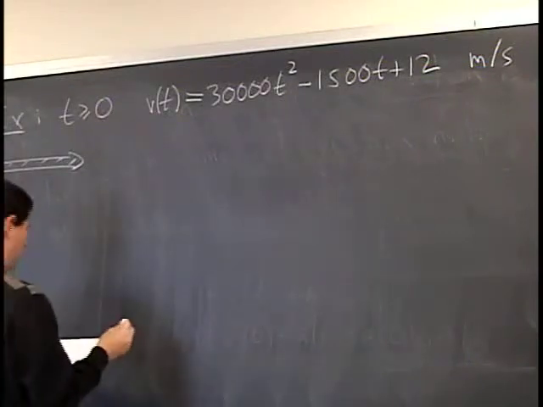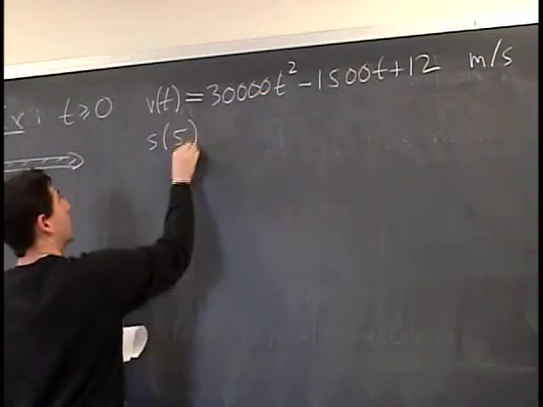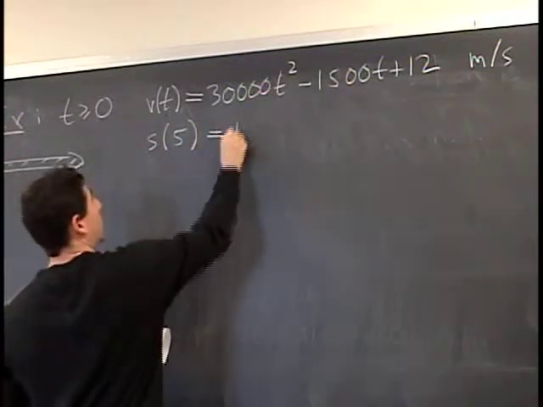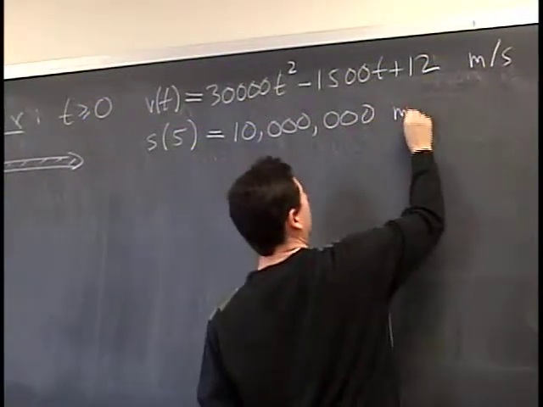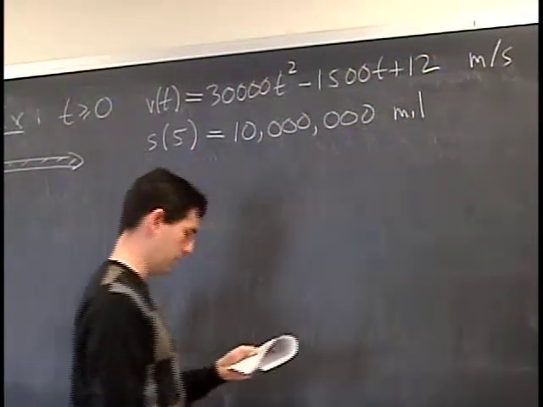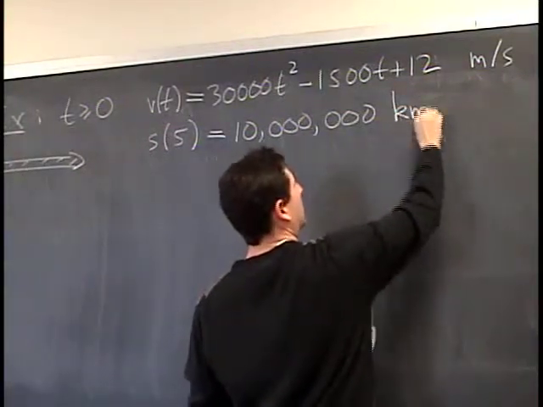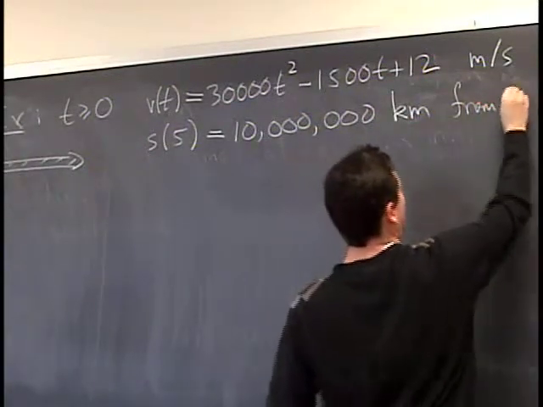And let's say also we know that 5 seconds after we start, the rocket is 10 million miles. Wow, that's horrible. I gotta change that. Kilometers from Earth.